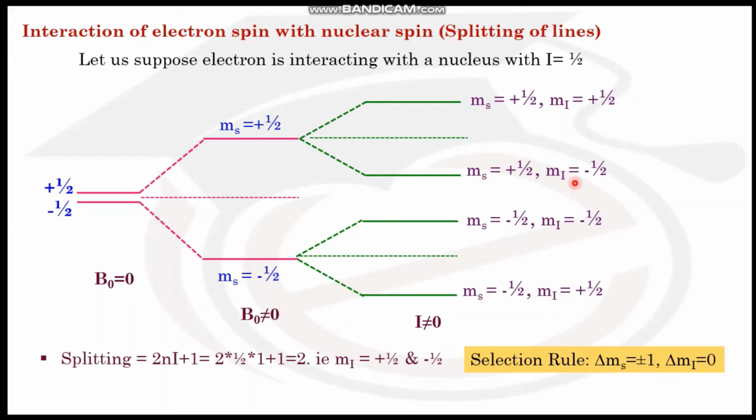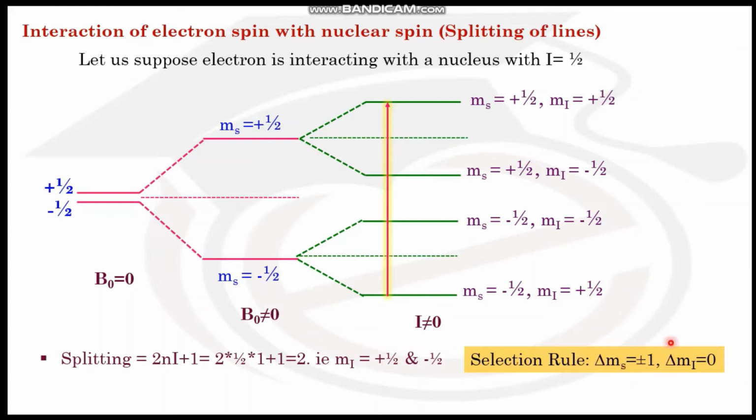If you are considering plus 1 by 2 to minus 1 by 2, then the value will be minus 1, right? So that is not coming in the selection rule. So first we have to consider mI value equal to 0, from this lower level to higher level. Then mI: 1 by 2 minus 1 by 2 is equal to 0.